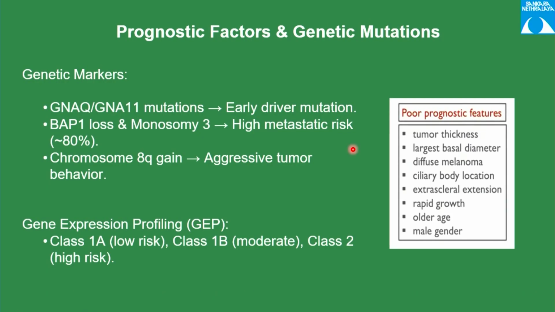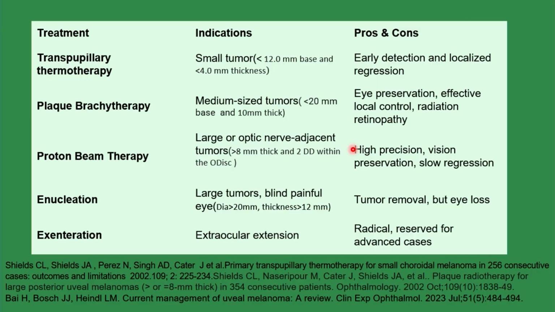Genetic markers like GNAQ, GNA11 mutations are early driver mutations, suggesting that probably he's getting a malignancy. BAP1 loss and monosomy 3 have a high metastatic risk, whereas chromosome 8q has an aggressive tumor behavior. Other poor prognostic factors are like diffuse melanoma, ciliary body location, extrascleral extension, rapid growth, and older age.